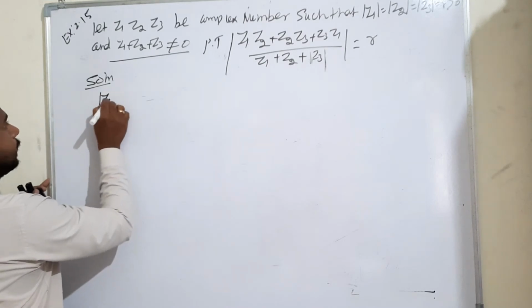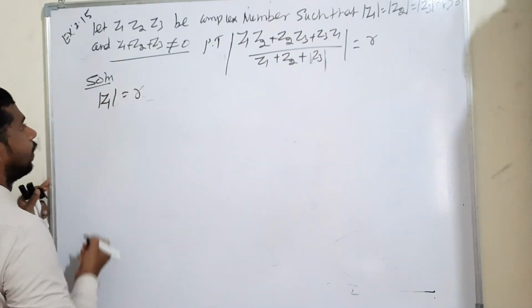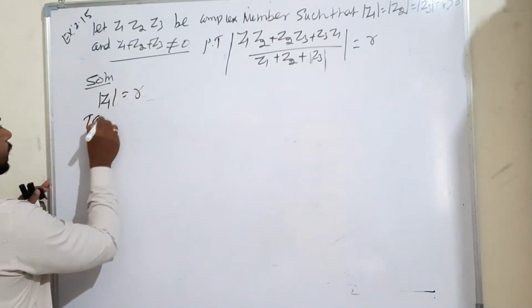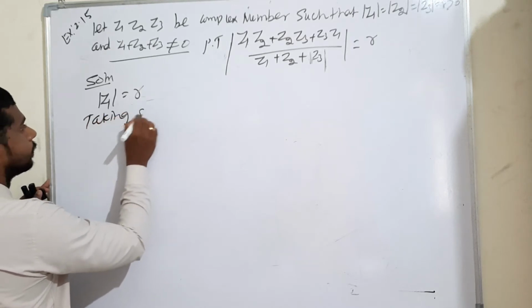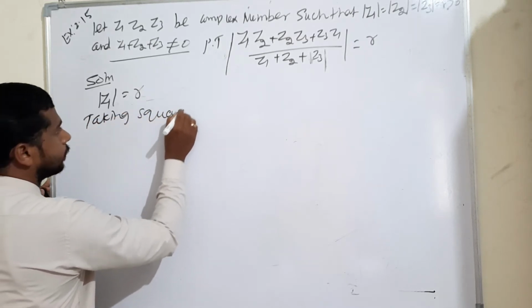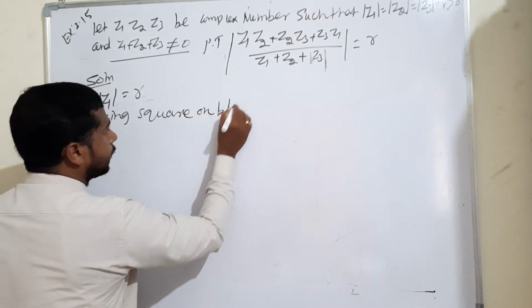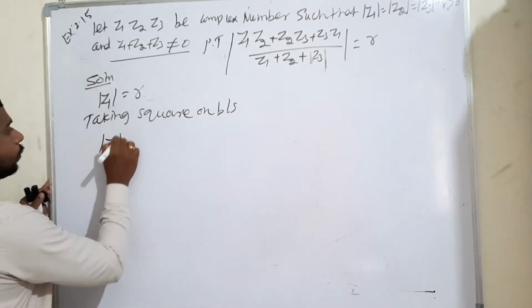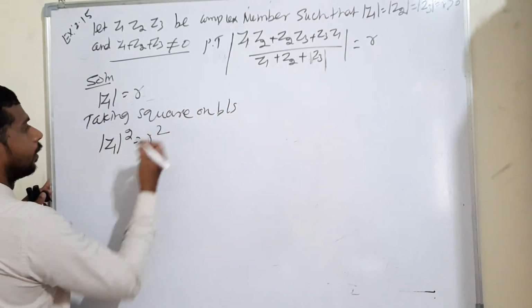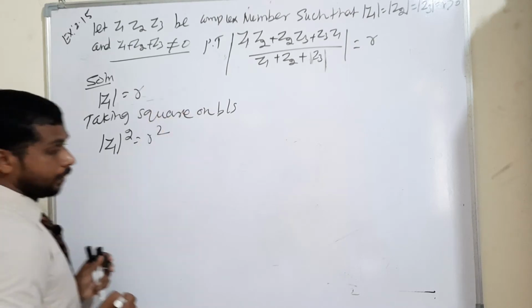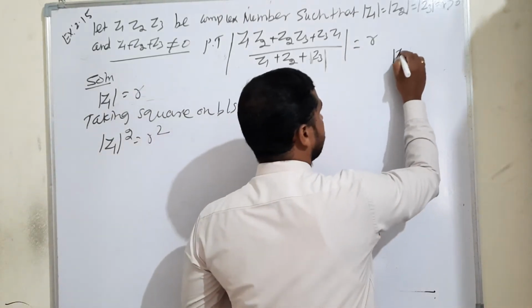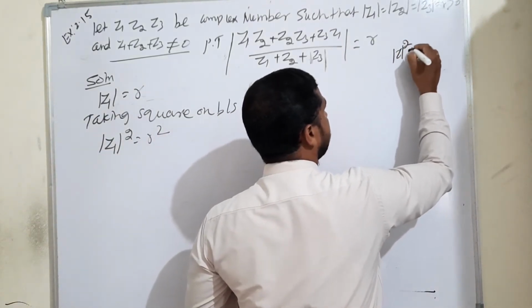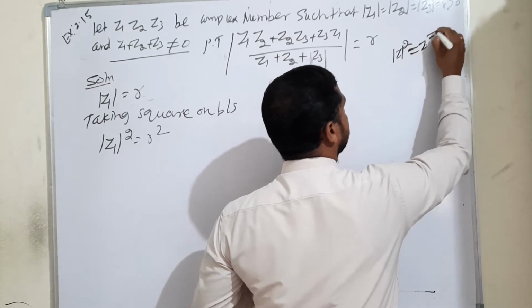So modulus Z1 is equal to R. Taking square on both sides, modulus Z1 square is equal to R square. Already we know one property: modulus Z square means Z into Z bar.